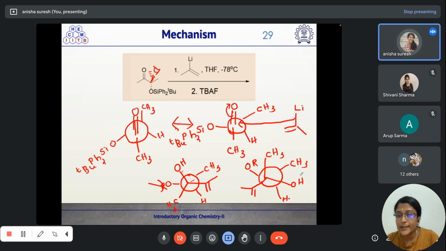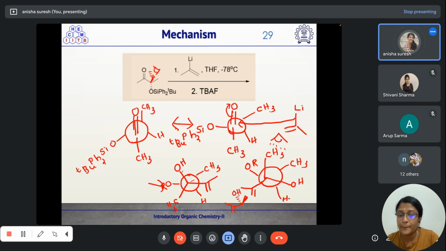Now this is our longest chain, right? So alcohol is coming below and CH3 is coming above. We are looking from this direction, so CH3 is towards us and alcohol is away from us.